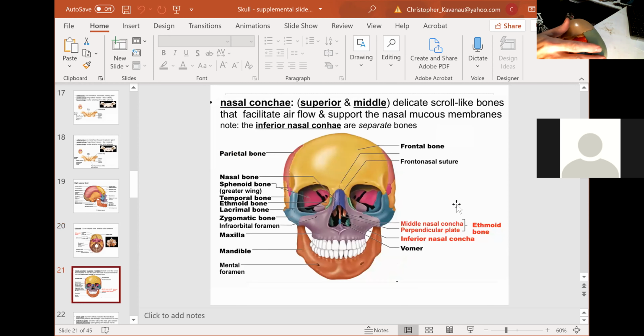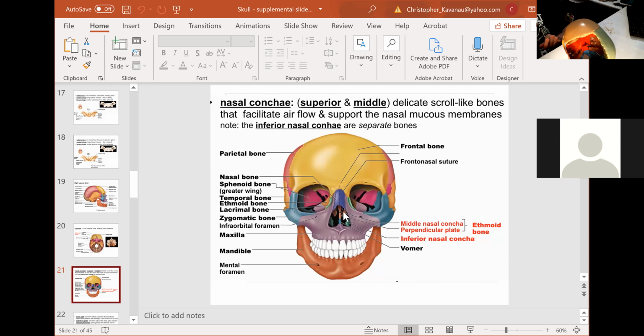Now, we can also view the ethmoid bone anteriorly, shown here. These orange-like structures here, which we'll discuss, are part of the ethmoid bone. Looking at the medial portion of these three, the middle part is called the perpendicular plate.